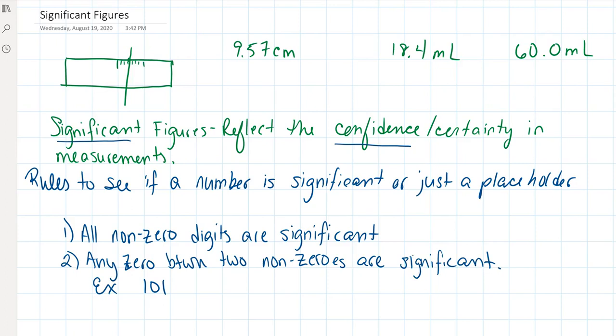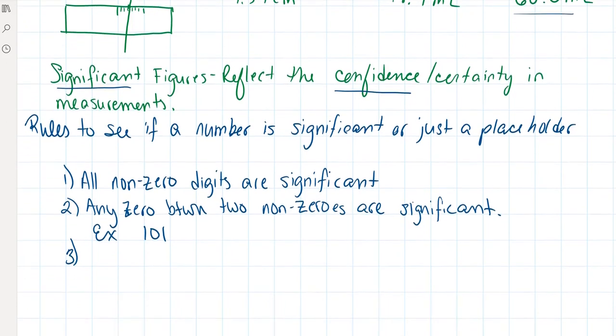From here, we start looking at our zeros. In this case, I have two scenarios. I can have a zero at the end of a number, or I can have a zero before a number, and I'll show you an example.